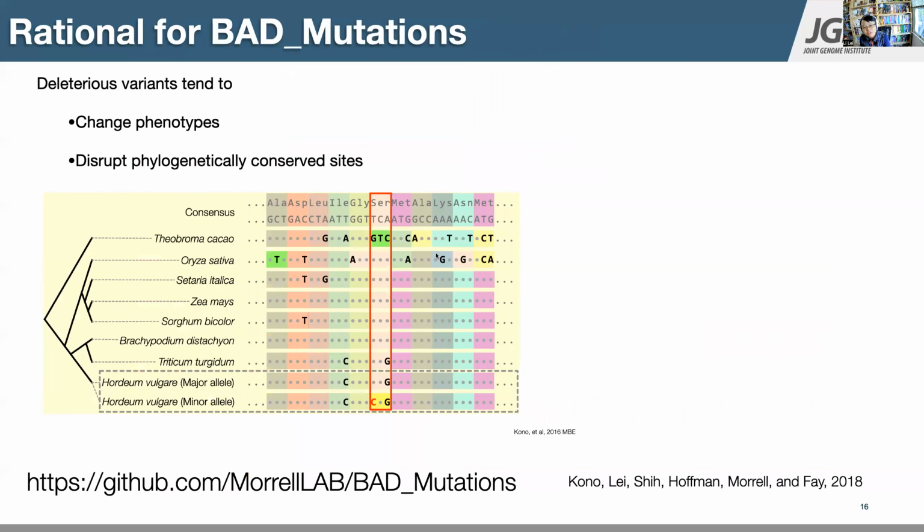The rationale for the BAD_Mutations pipeline is that deleterious mutations tend to change the phenotype, and at the same time they tend to disrupt the genetically conserved sites. If you want to know more details, please check our paper and also the GitHub repository for this pipeline.